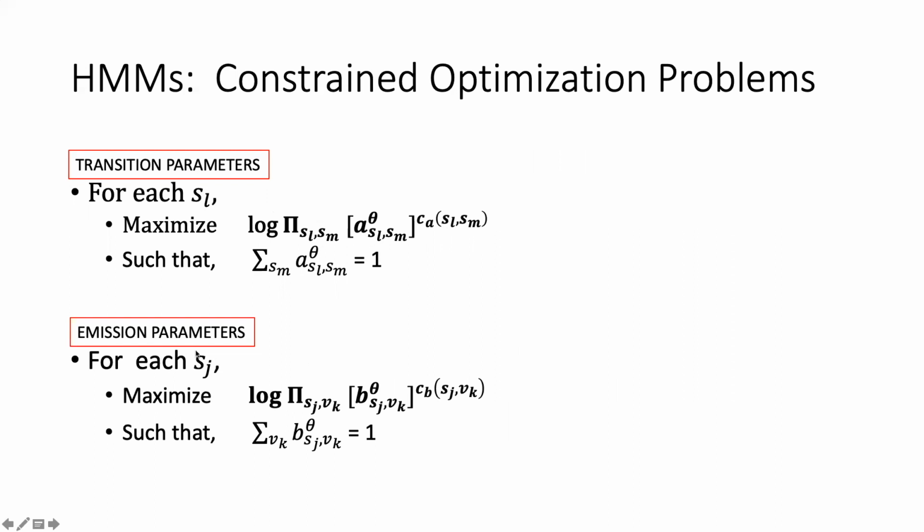And similarly for emission parameters, we can define the objective function and the constraint over the emission parameters. So these are solved using Lagrange multipliers.